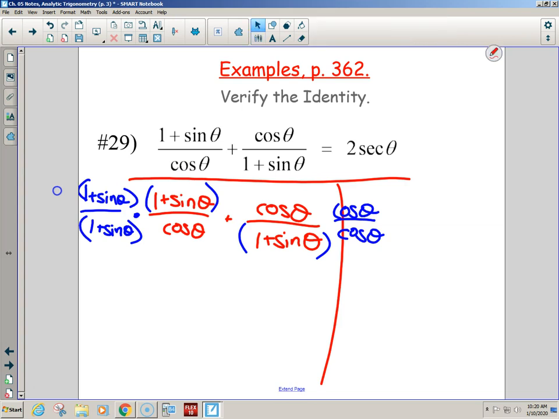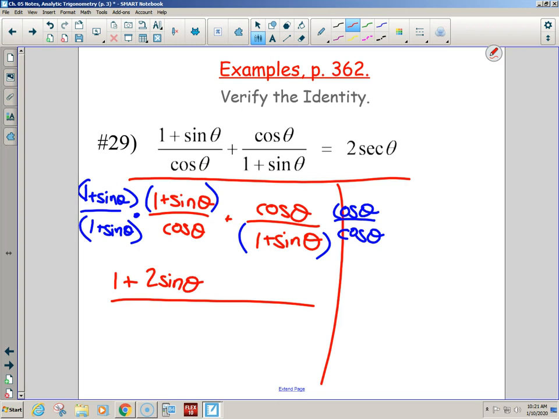Okay. So if you at least wrote that down, couldn't you at least try to keep going? 1 plus 2 sine theta, because Justin, you are doing what? Where'd that 2 sine theta come from? Plus sine squared.